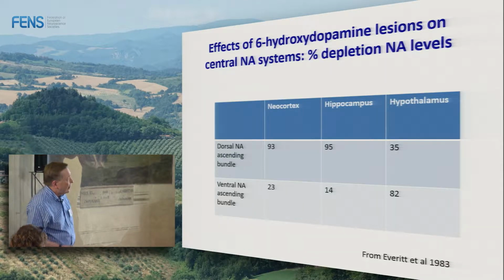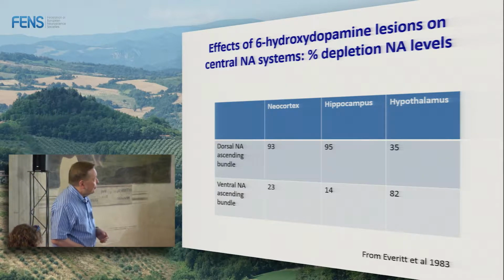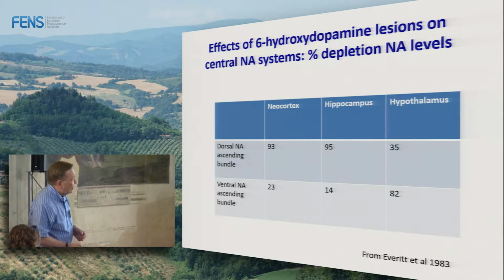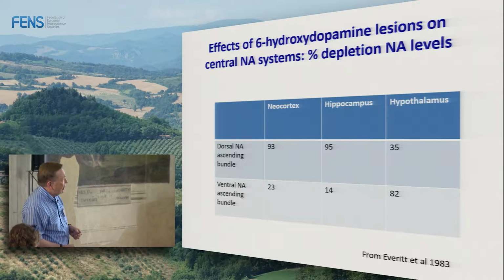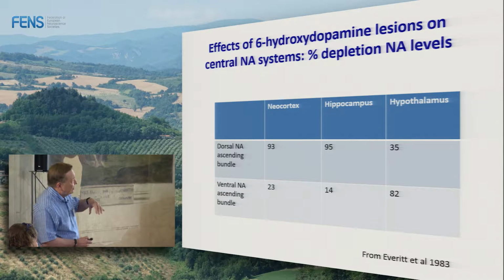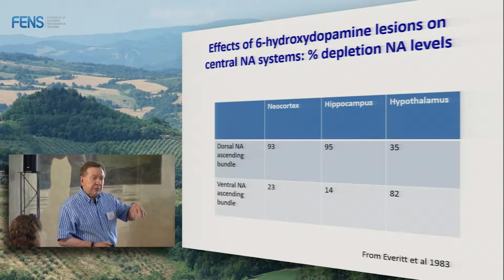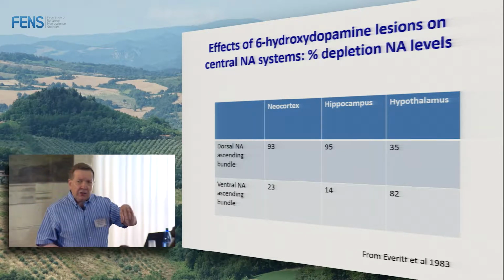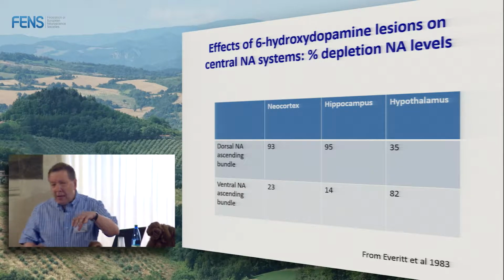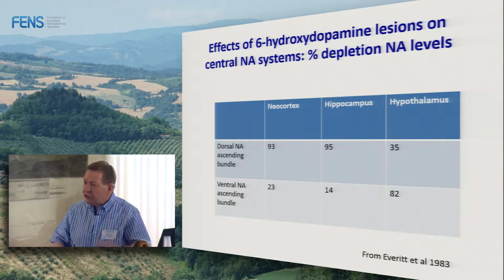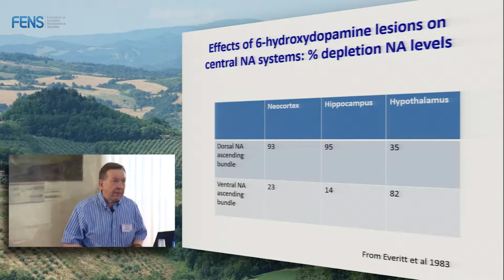So there are other ways of studying these systems. I'm just quickly going to run through this. I mentioned you can use neurotoxins to try and achieve some depletion. You can remove a lot of the noradrenaline system by injecting a drug called 6-hydroxydopamine, which is taken up like the wooden horse of Troy into the neuron and destroys just dopamine and noradrenaline neurons.